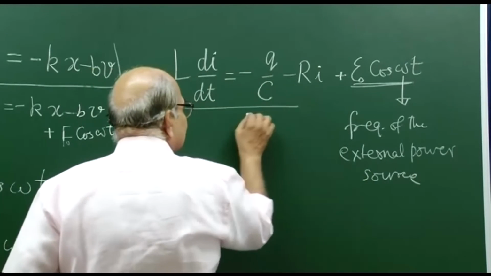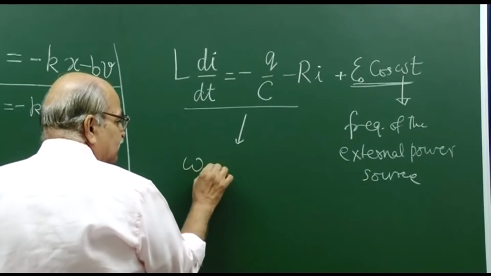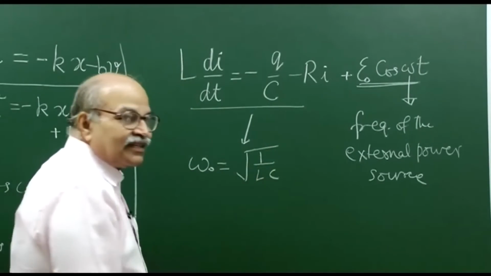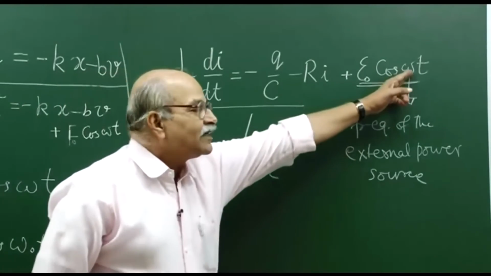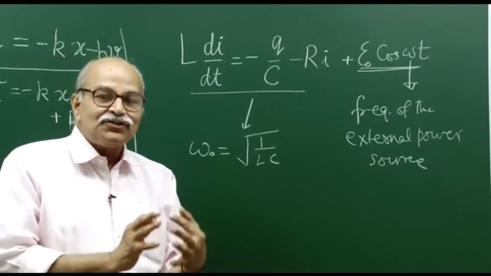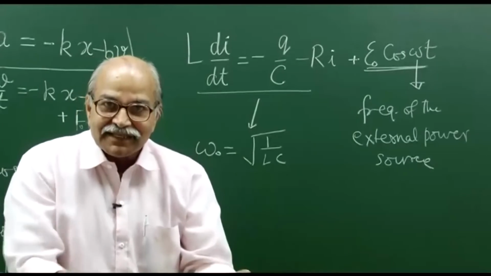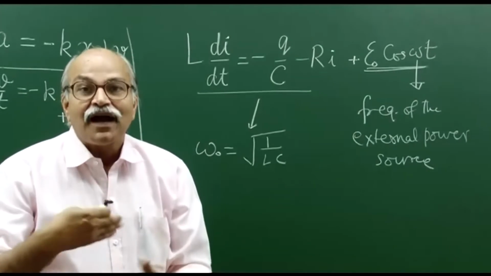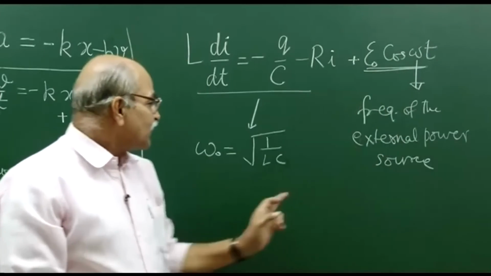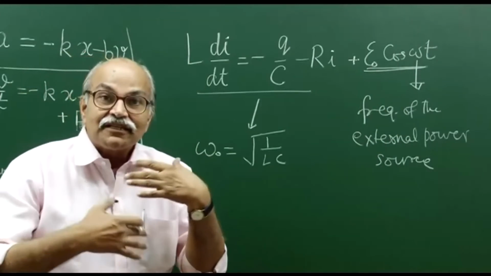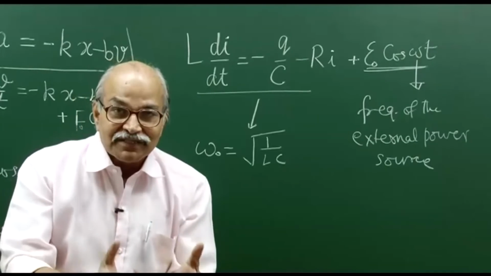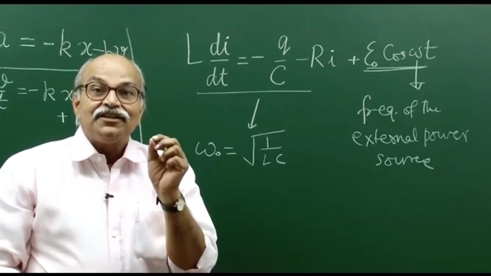And from this system you have a natural frequency omega naught, which is square root of 1 by LC. If this frequency omega and this natural frequency omega naught are close to each other, then the current in this circuit will be high. And if they are quite different from each other, then the amplitude of that oscillating current will be very, very low.